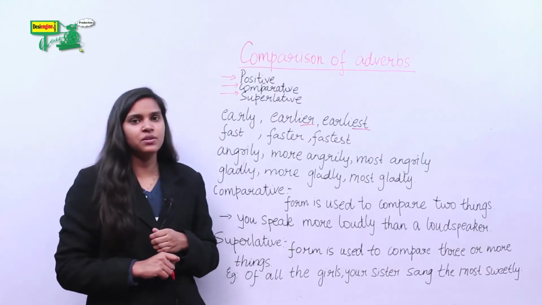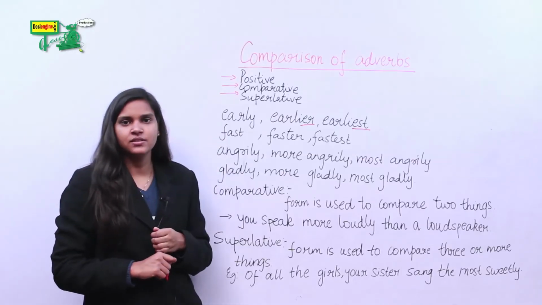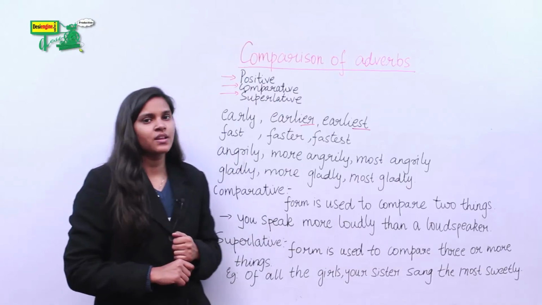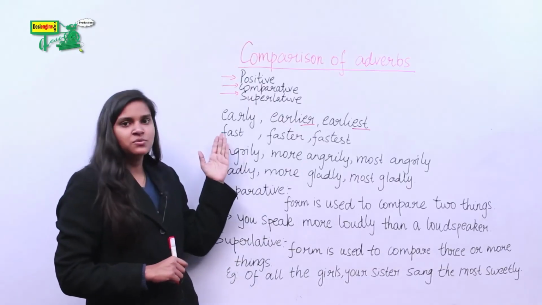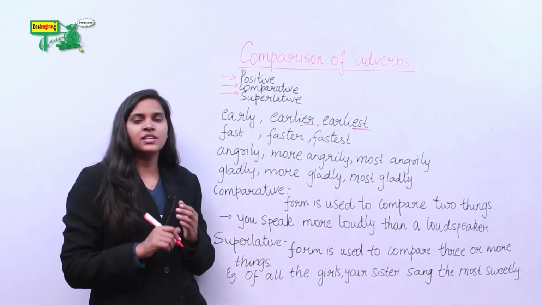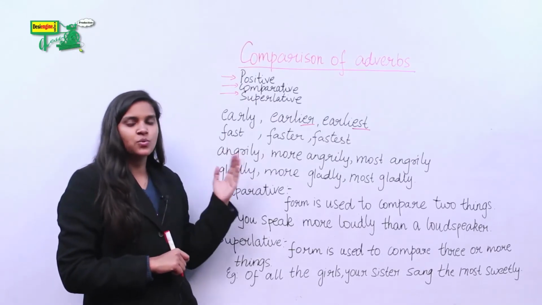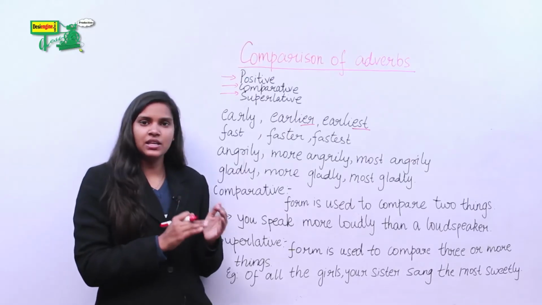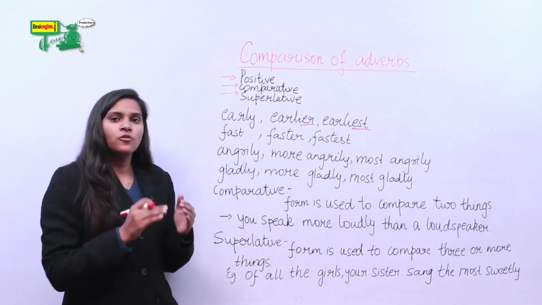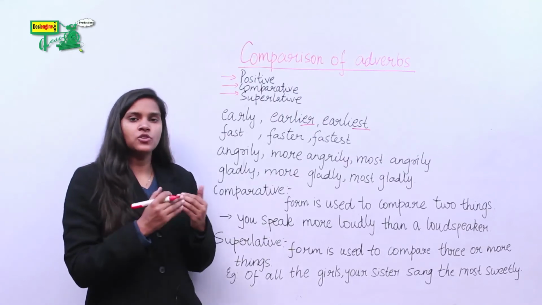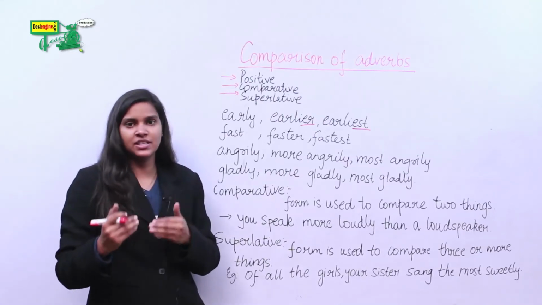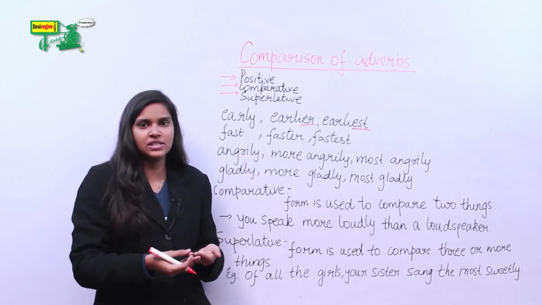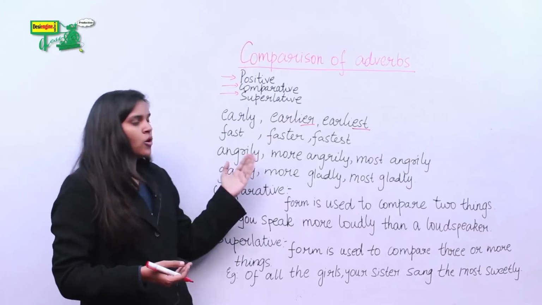Let's take another example. Fast, faster, fastest. The words that I just mentioned are single syllable words, and that's why their comparative and superlative forms take up the ending er and est. For those adverbs which are not single syllables but are three syllables or more, their form changes.